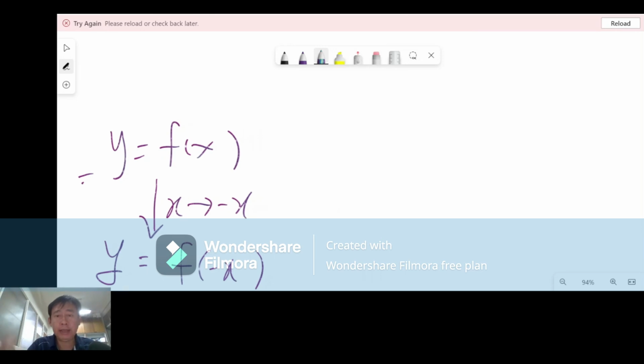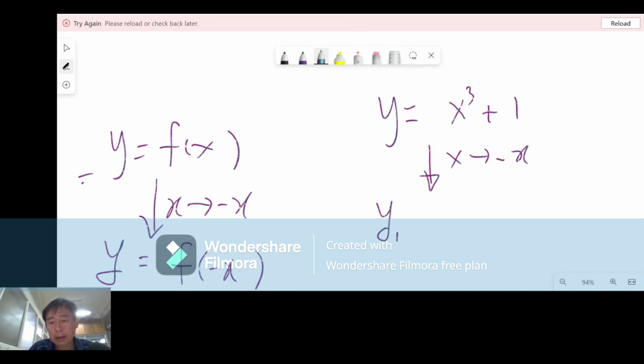For example, say you have a function x cubed plus 1. In order to reflect this function about the y-axis, you just have to replace x by minus x, and you end up with a reflected version which is minus x raised to the power of 3 plus 1.